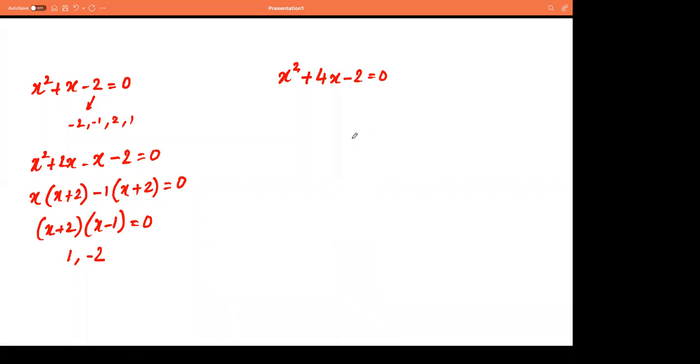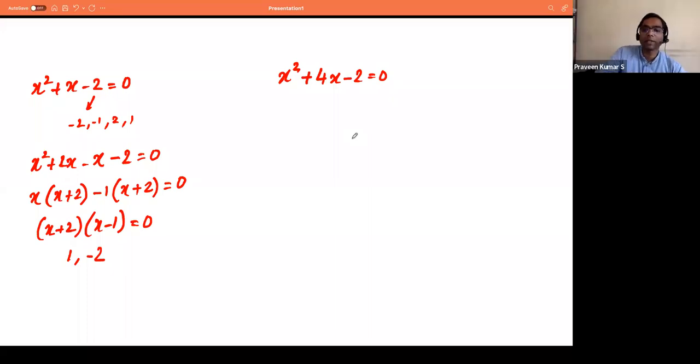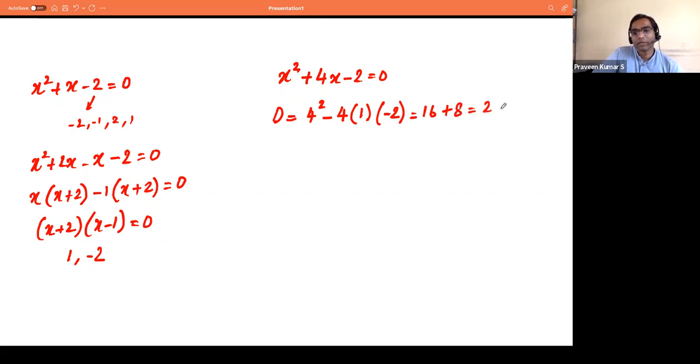By using discriminant. Okay, let's calculate the discriminant. B square, which is 4 square, minus 4 into the value of A, which is 1 here, and value of C is minus 2. So 4 square is 16, 16 plus 8, discriminant is equal to 24.